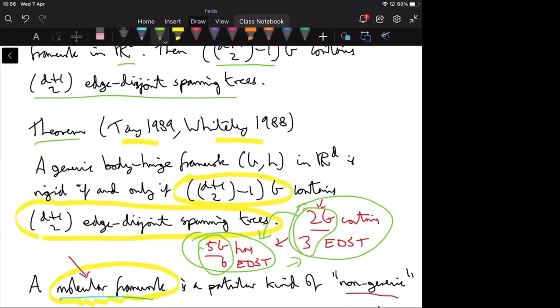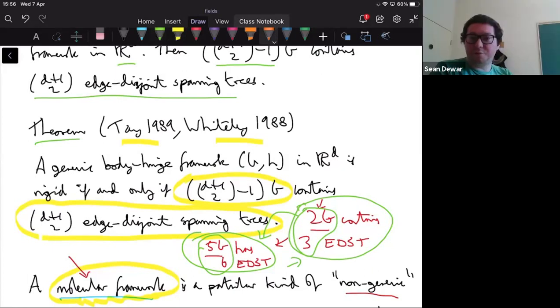Like they may not be a line, it could be a two-dimensional subspace or something like that. Do we have to take that into account, or does it just work if you take a body hinge framework where the hinges are just lines in 2D and then go up to higher dimensions? Do you have to generalize the hinges, or are you saying that the body hinge framework with the lines is going to be rigid?